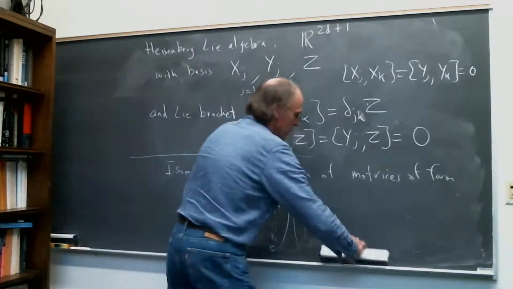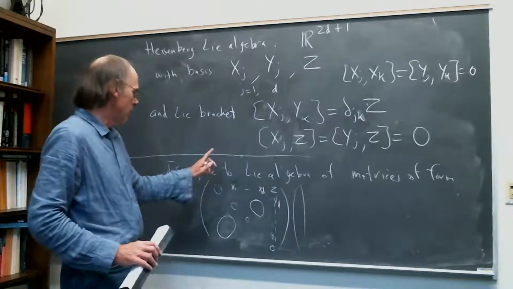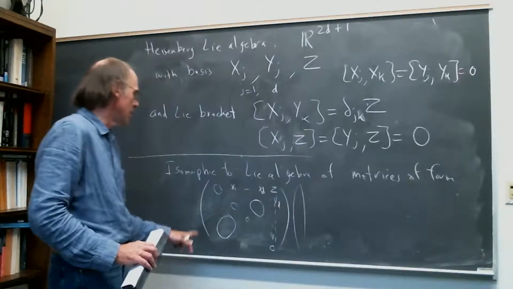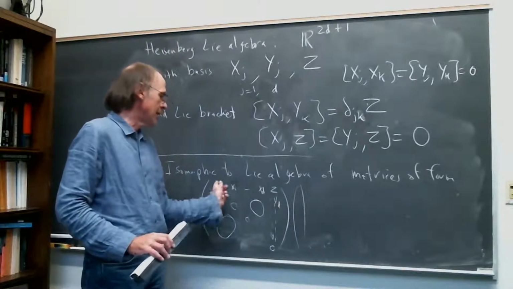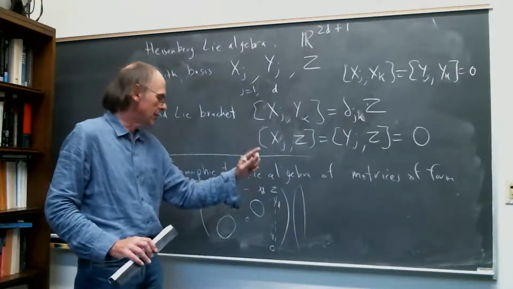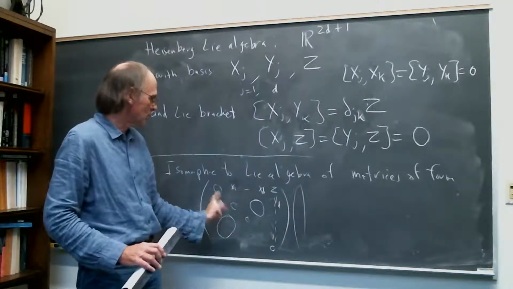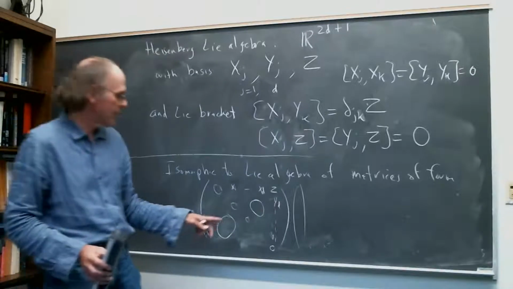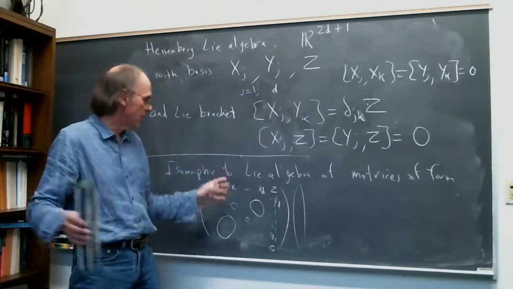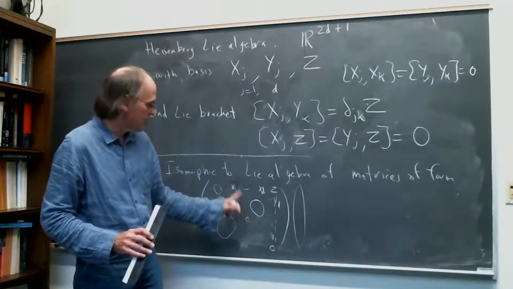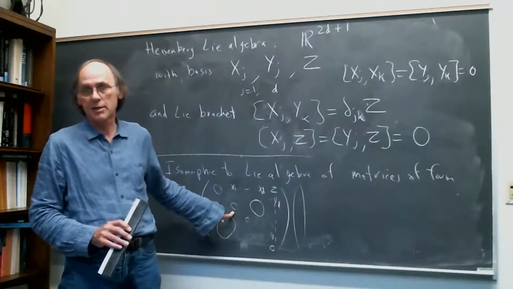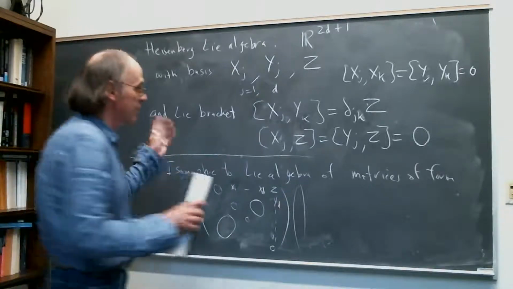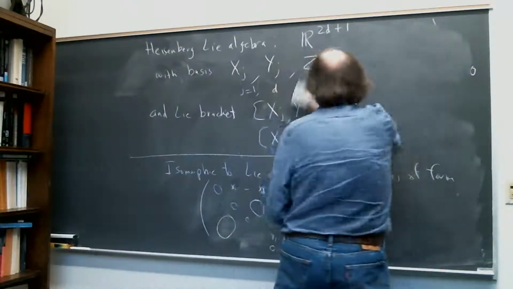Okay, another reason for thinking about this is that you can motivate the definition of the Lie group. You can ask, what's the Lie group whose Lie algebra is this? Using the definition of Lie algebra I was giving, it's going to be the group of matrices you get if you exponentiate these guys. I'll tell you, that's the Heisenberg Lie group.